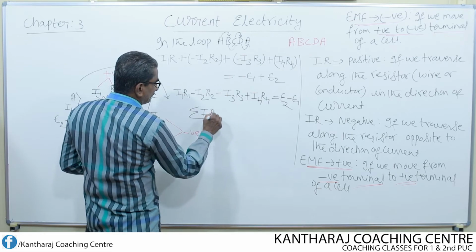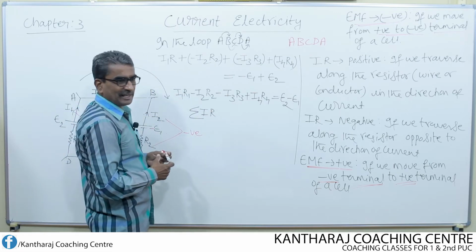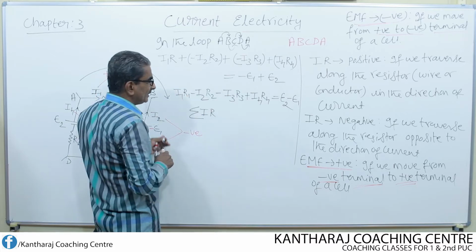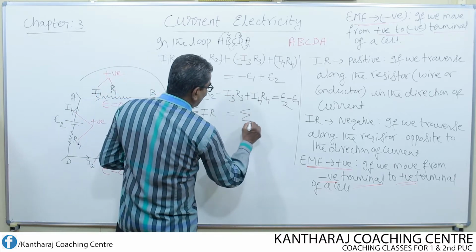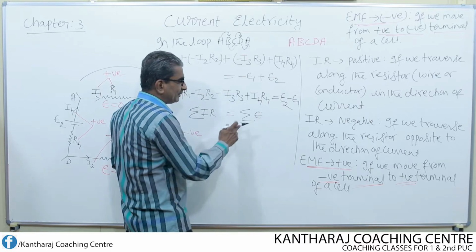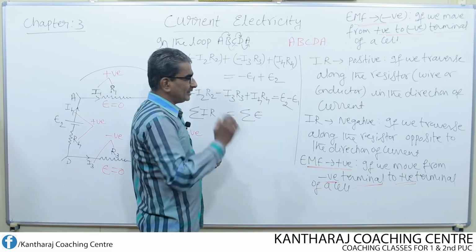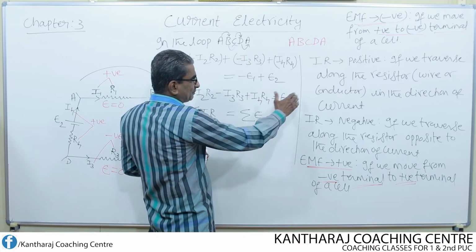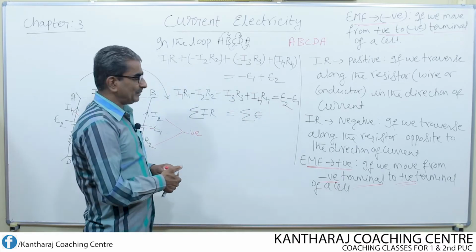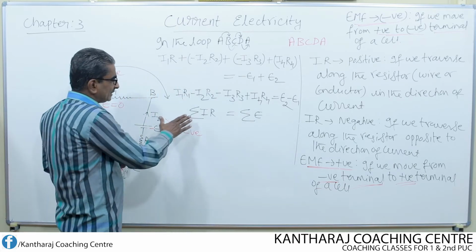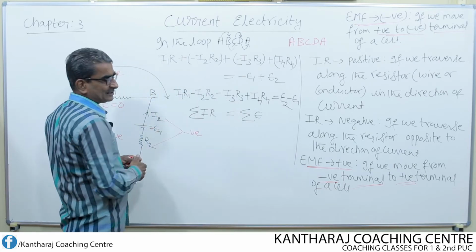Sigma IR means I1 R1 plus I2 R2 plus I3 R3 plus so on, equal to sigma EMF. Sigma E means total EMF, E1 plus E2 plus E3 and so on. So instead of writing plus plus plus, we represent the total by means of summation sign. So this is summation IR and this is summation of E.